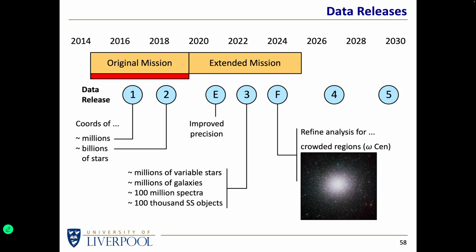Data release 4 will be coming out later in the year, and ultimately the final data release will be data release 5. I've indicated it way over to the right hand side. It would be 2030, possibly even later than 2030. And these late data releases will contain the full 10-year data set and will contain, hopefully, many billions of stars with the full precision that Gaia is capable of.